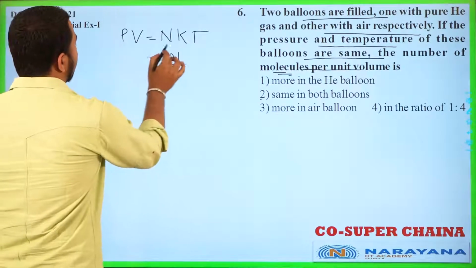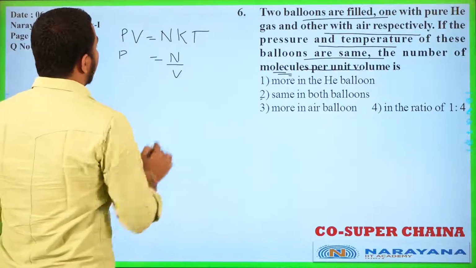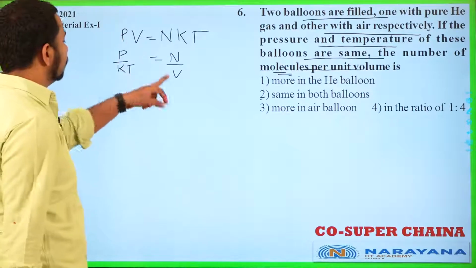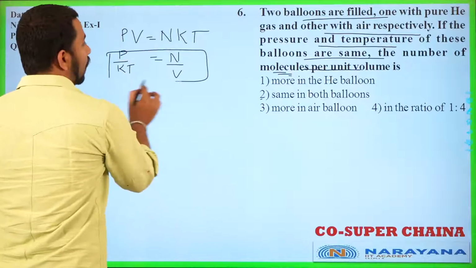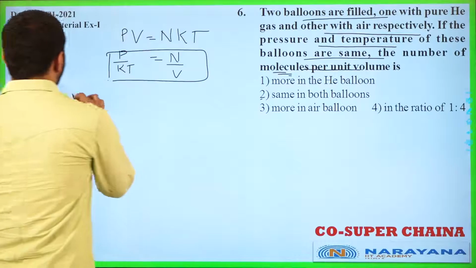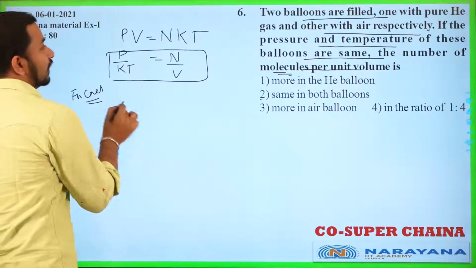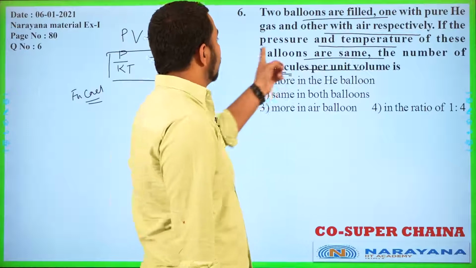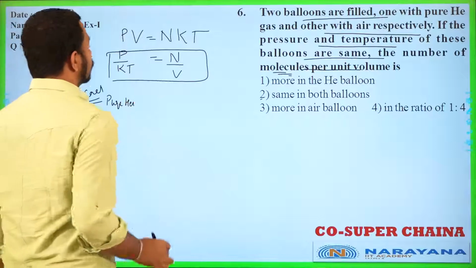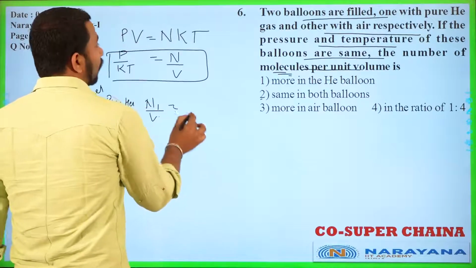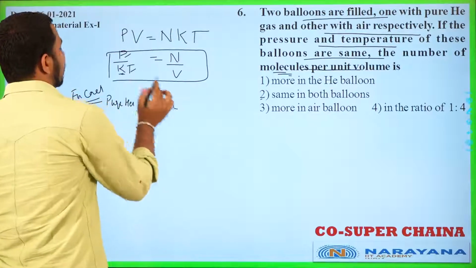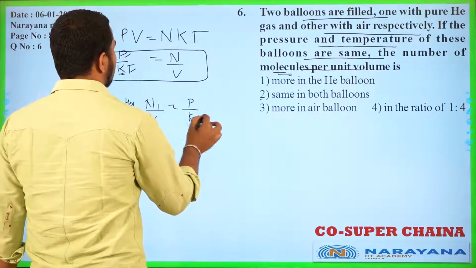So N by V will become P by kT. Now here what is given? For case 1, two balloons, one with pure helium: N1 by V1 ratio, if the pressure and temperature are kept the same, obviously k is also constant, so P by kT will be the same.